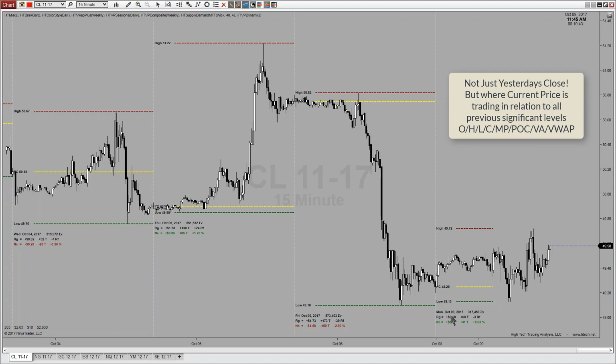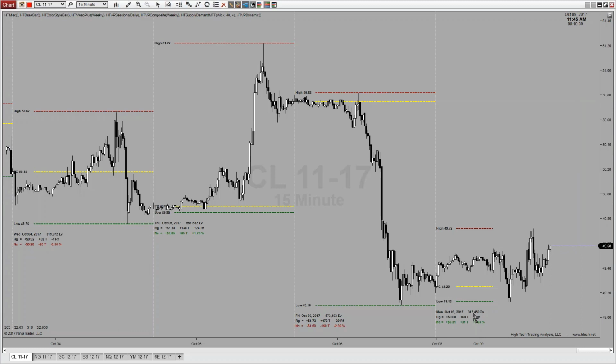So down here below, we see this is Monday, October 9th. So far, we've got about 317,000 contracts traded. We've got only a 60 tick range, which is not much for crude, and a -3 RF rotational factor. That's a whole different methodology, and we can talk about that another time.